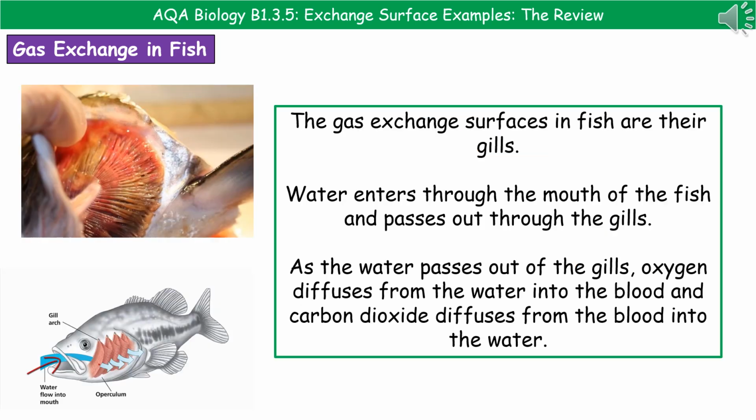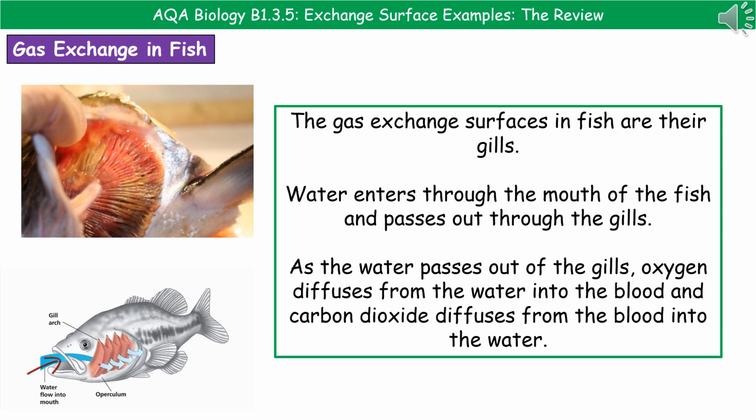The third example of our exchange surface is the gas exchange surface in fish. Now, when we're talking about fish, the gas exchange surface is actually their gills. So what we see is that as the fish are swimming along quite happily, then the water is entering through their mouth and it passes out through the gills.